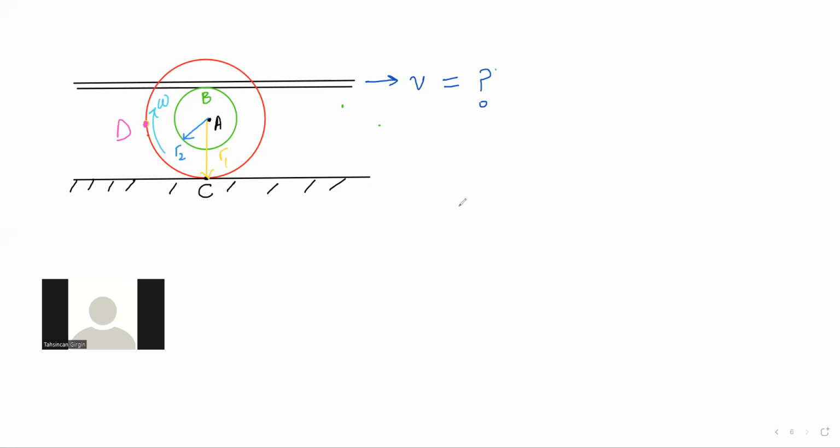The question says that if this fellow is going towards right, the A, with a velocity of 2 meters per second, sorry, 1.2. Too many mistakes in one class. 1.2 meters per second. And this is a no slip condition happening. What does that mean? Good.